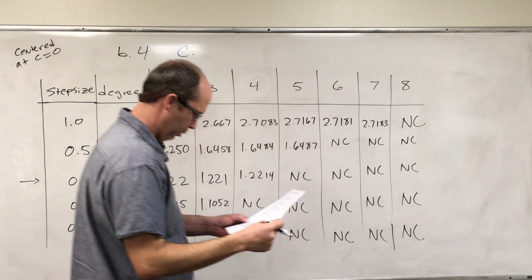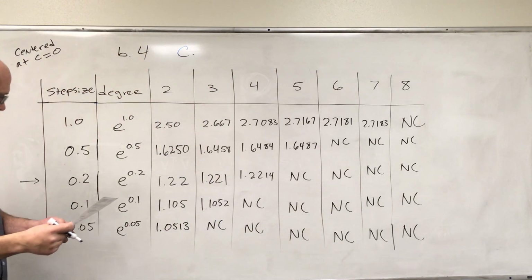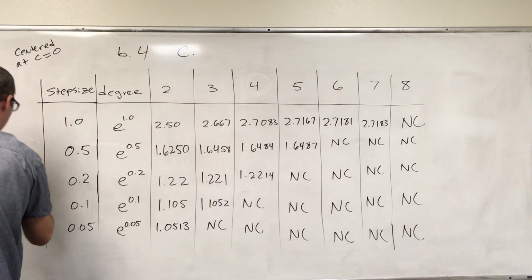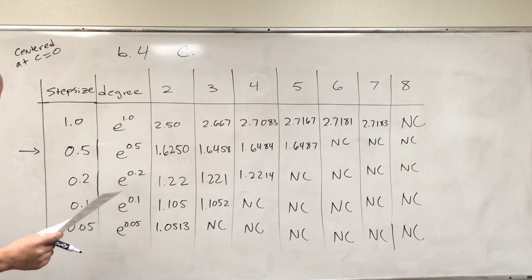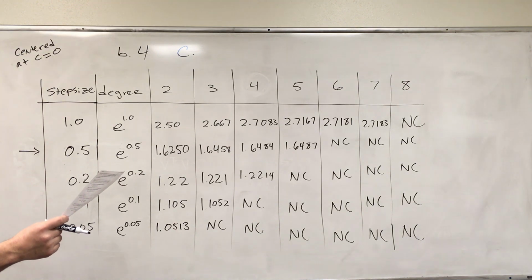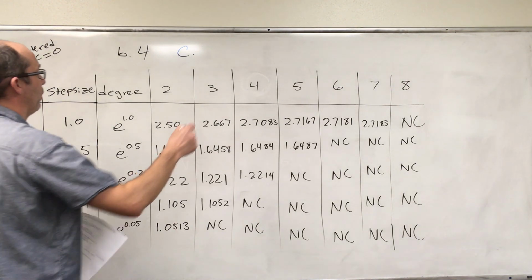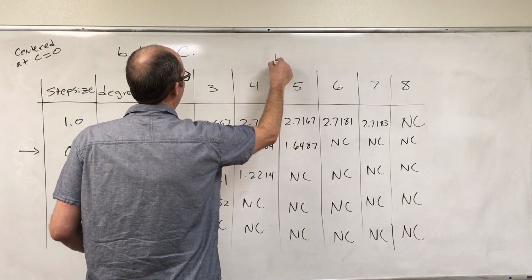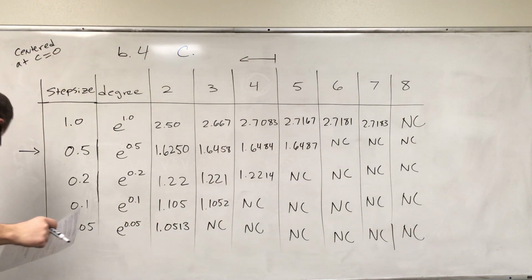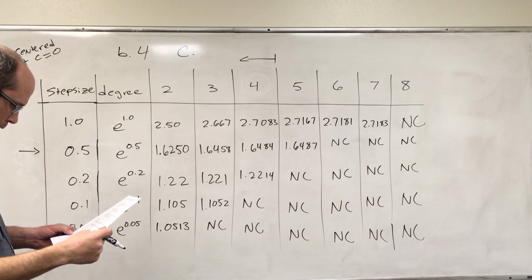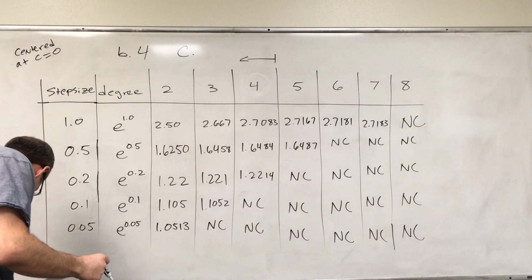Okay, C. Suppose that you are required to use a step size of 0.5. Step size 0.5 right there. But you are allowed to select any degree less than or equal to 4. So anything over this way. What's the best approximation you can get?